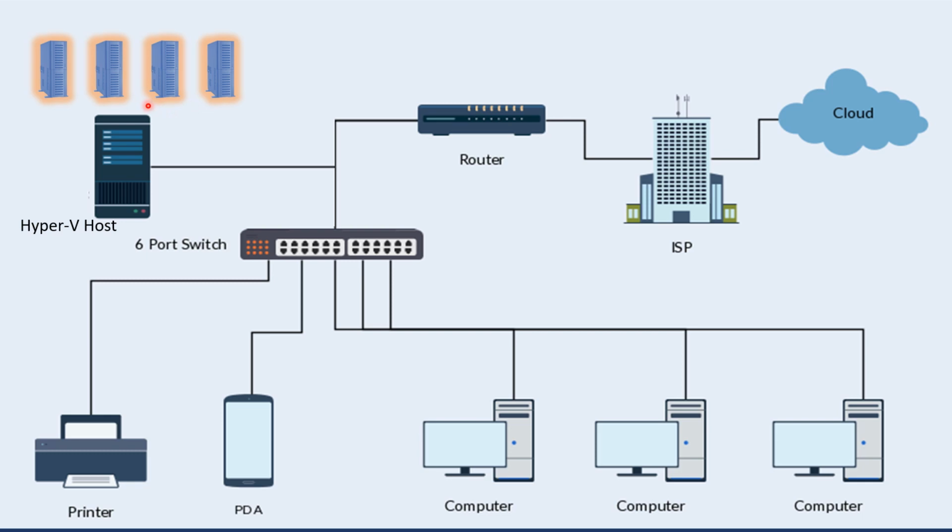But here, you have to create what we call a bridge switch. You create a bridge switch in the Hyper-V host, and you connect your virtual machines to the bridge switch. And in that case, these virtual machines will be able to communicate between each other, plus with the host itself, plus with any computer in the external physical network. They can even go to the internet.